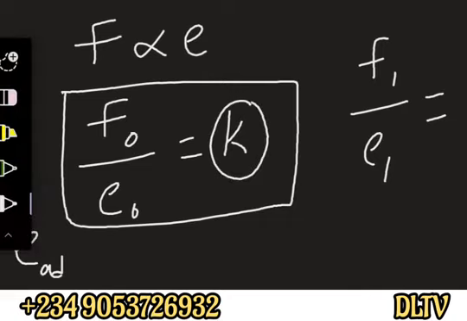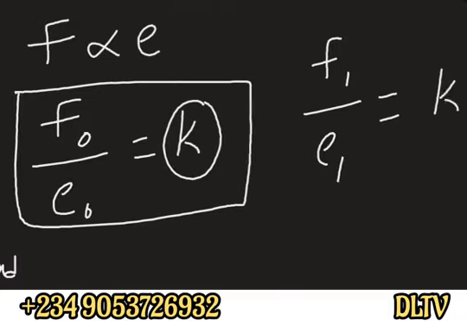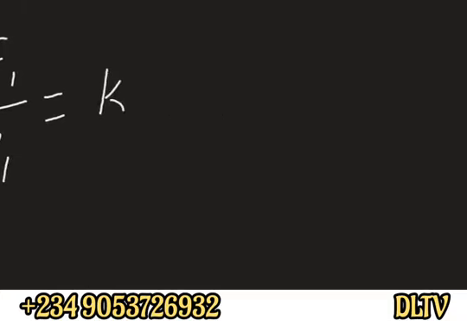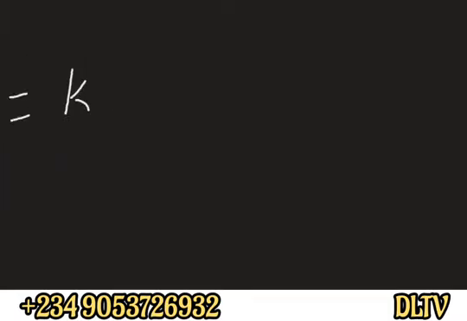When we can find the value of the constant, then we'll be able to find that length which we're asked to find, which is the length due to the 2 Newton force.